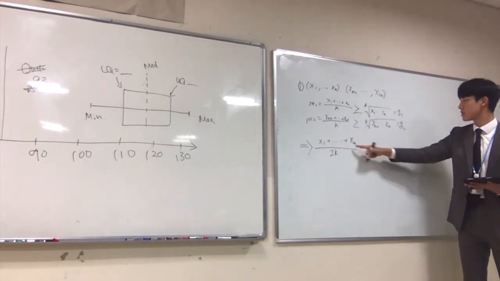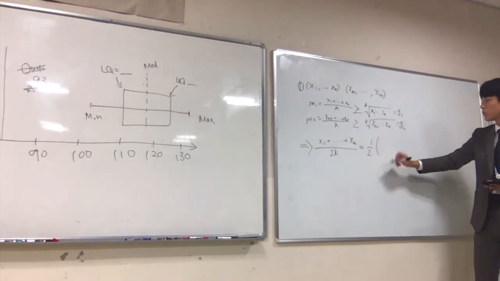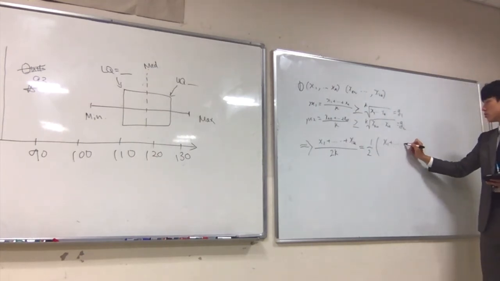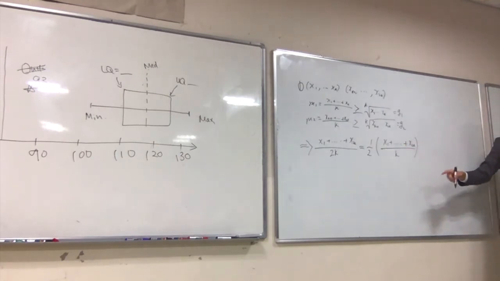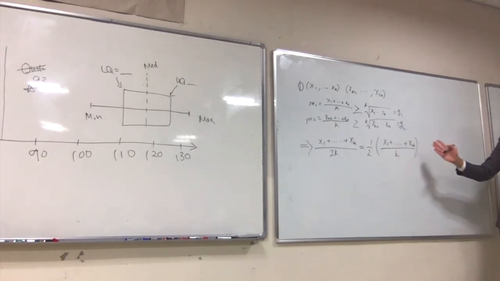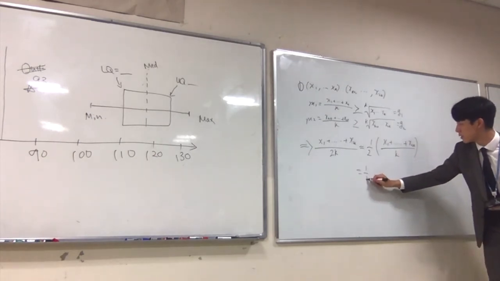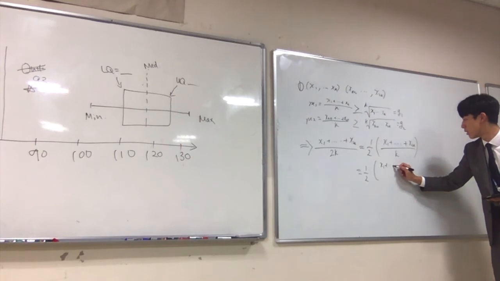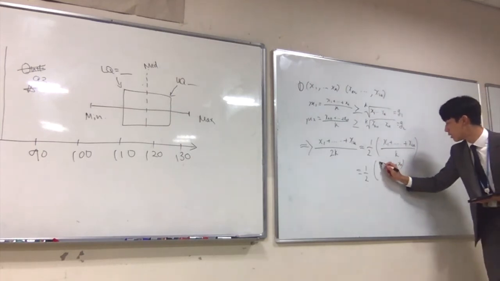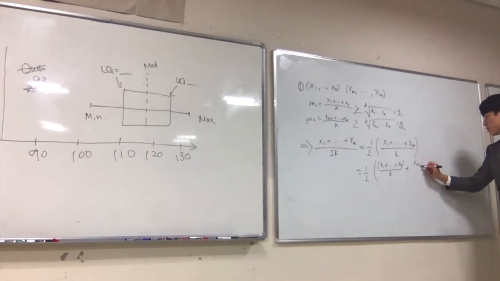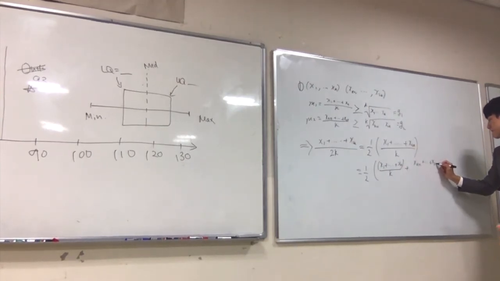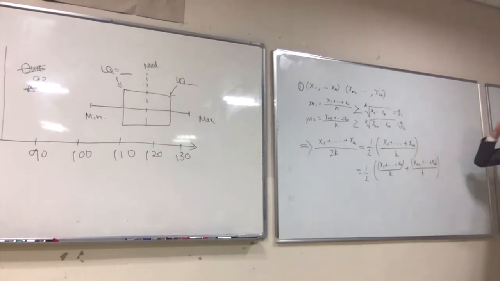And if we look at this, this is actually 1 over 2 multiplied to this. And here, we can just split this into half again, split this up into like this.